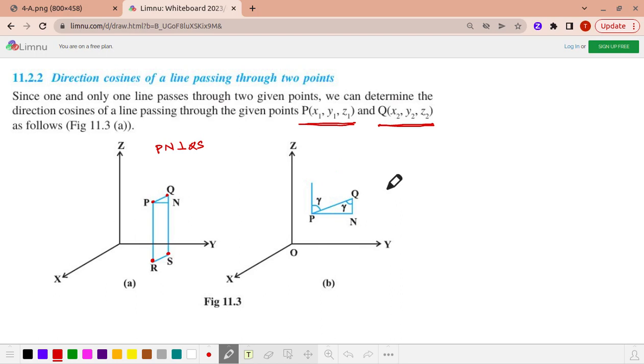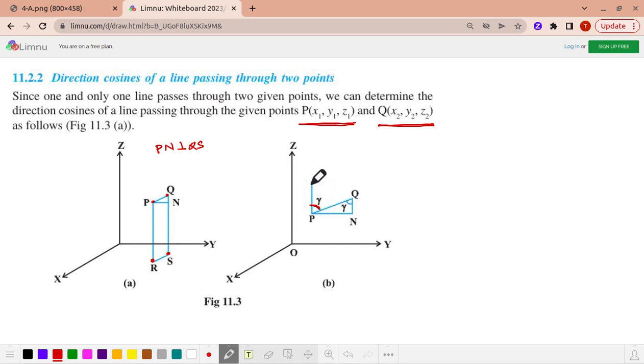Now if we consider that the line PQ makes angles alpha, beta, gamma with the x, y and z axes respectively, then obviously this angle will be gamma. How come?